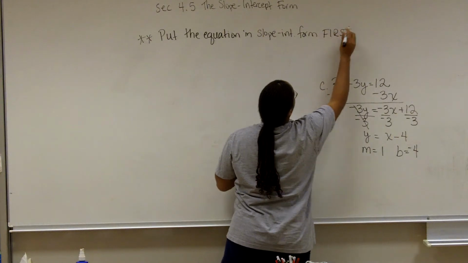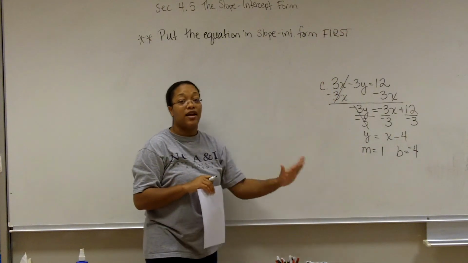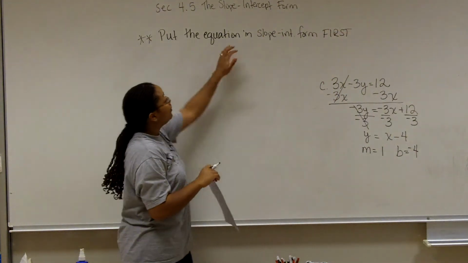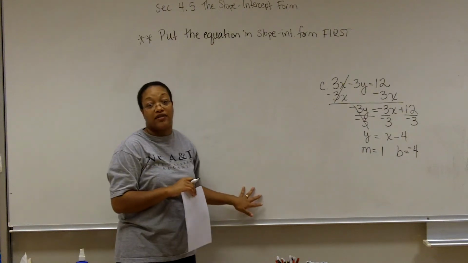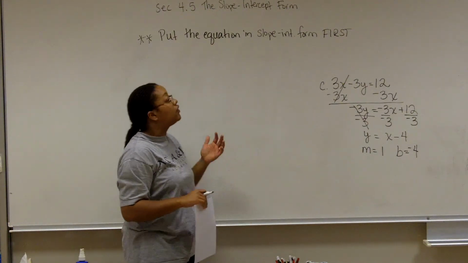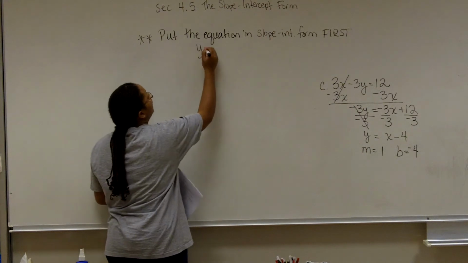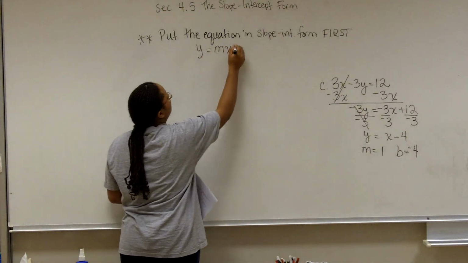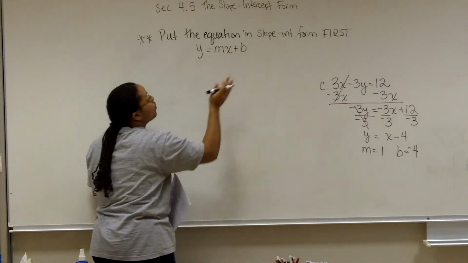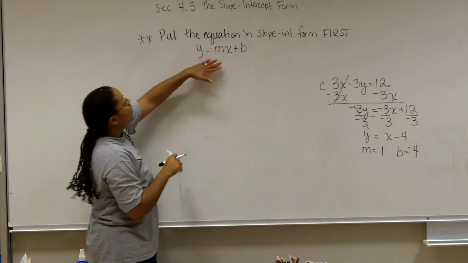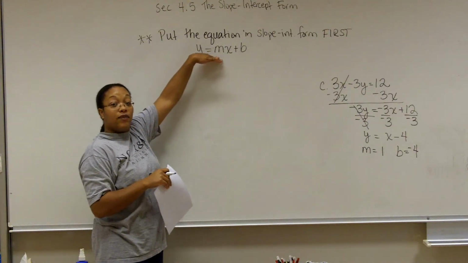If it's not given to you as y equals mx plus b, you've got to do that first before you follow through my steps, or it's not going to make any sense. So let's assume that you're either given an equation that's in y equals mx plus b form, or you successfully put it in slope-intercept form.